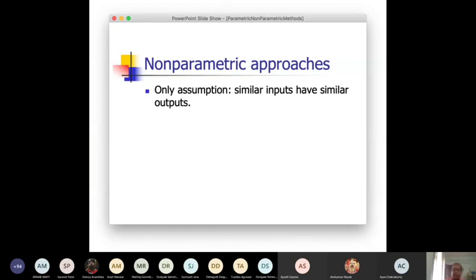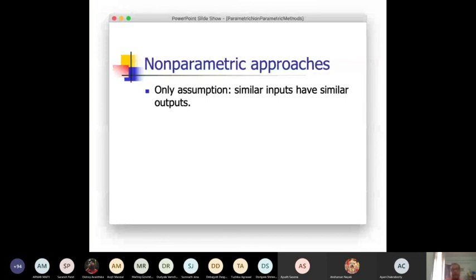Another term for this kind of assumption is learning using instances. So we can call this method instance-based learning, but again, the Bayesian interpretation for that instance-based learning we will also see.